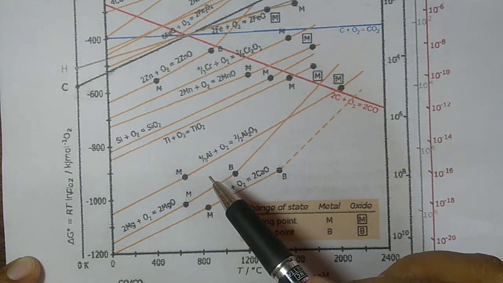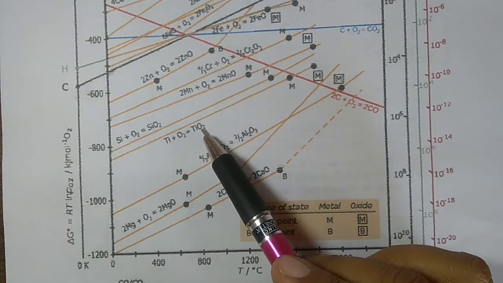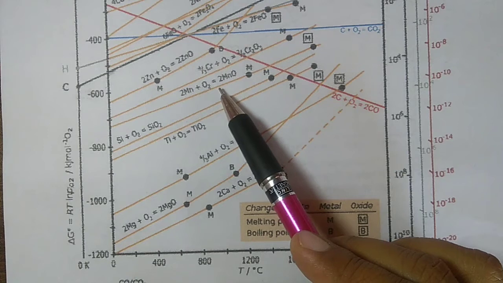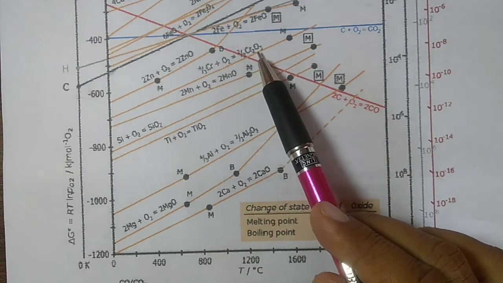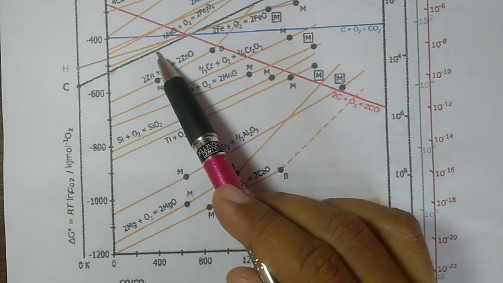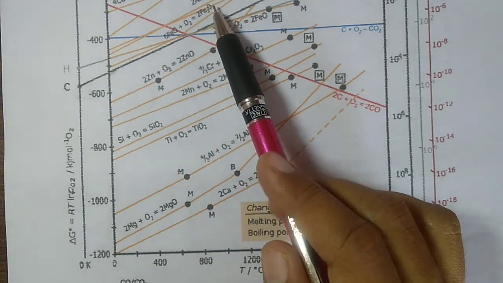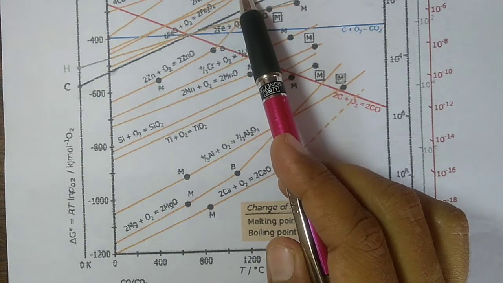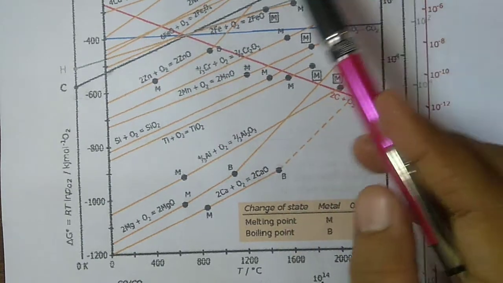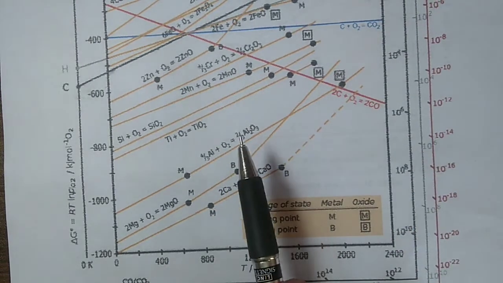This one is the line for aluminum oxide, Al2O3 formation. This is for TiO2 formation. This is for SiO2 formation. This one for MnO, this one for Cr2O3, this one for zinc oxide, this one for FeO, this one for Fe3O4, this one for NiO, that is nickel oxide, and this one for copper oxide. These are all different lines for formation of different oxides.